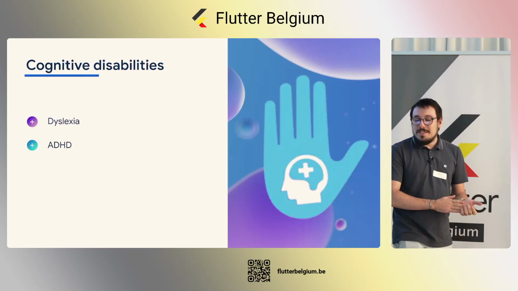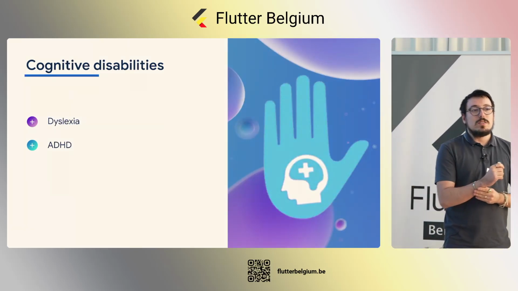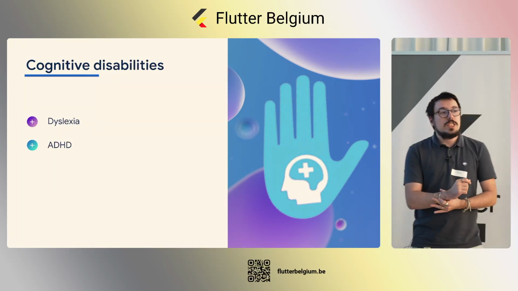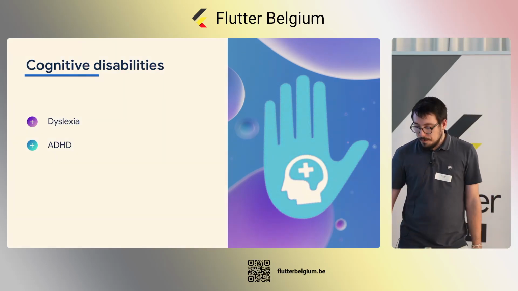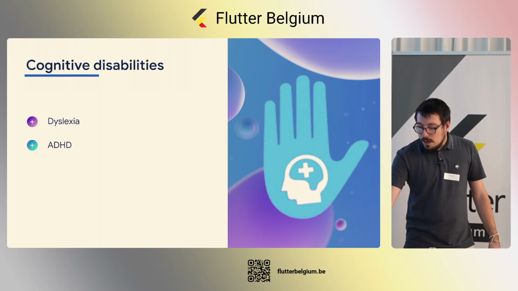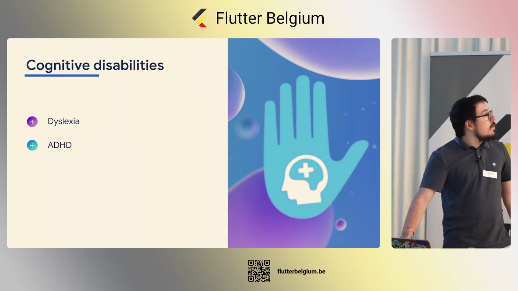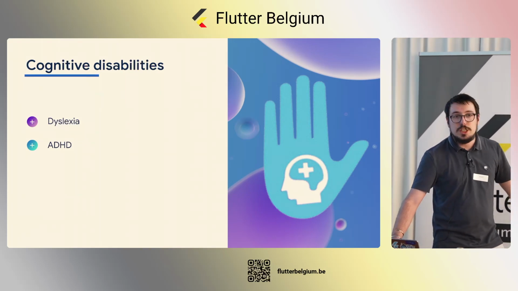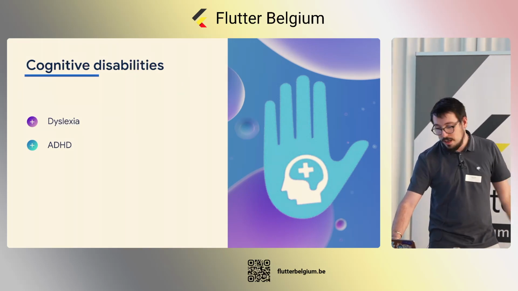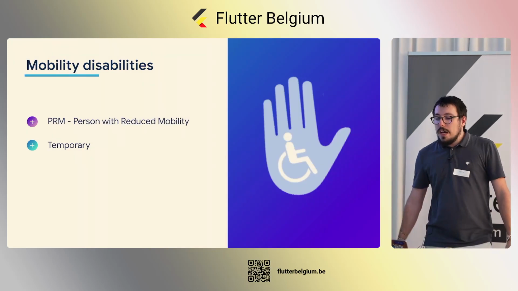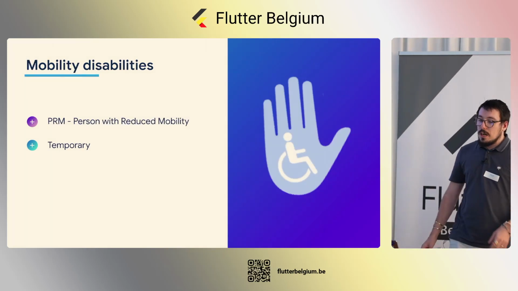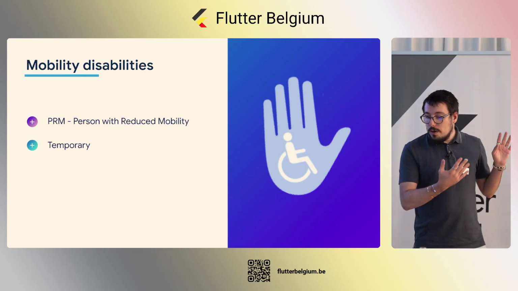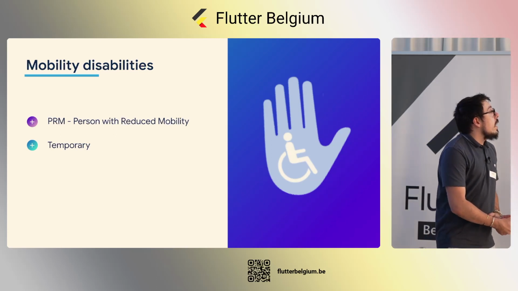We have cognitive disabilities, which are more about dyslexia and ADHD-oriented problems. We also have hyperactivity, but it's probably close to ADHD in what we will speak about later on. And we have mobility disabilities, which means persons with reduced mobility, PRM, and temporary ones.